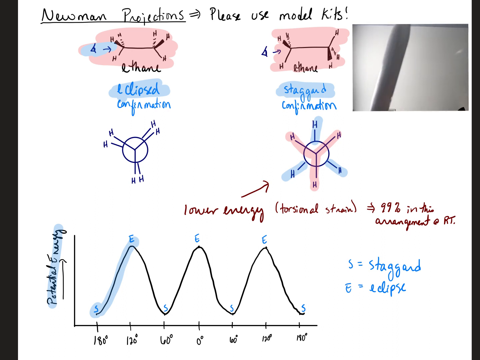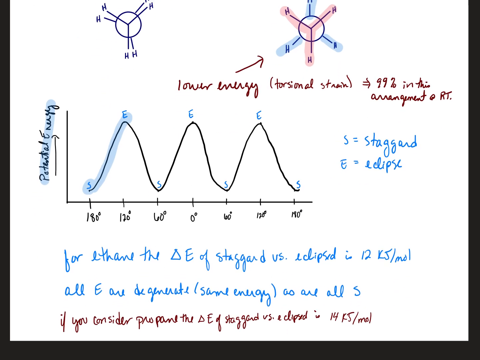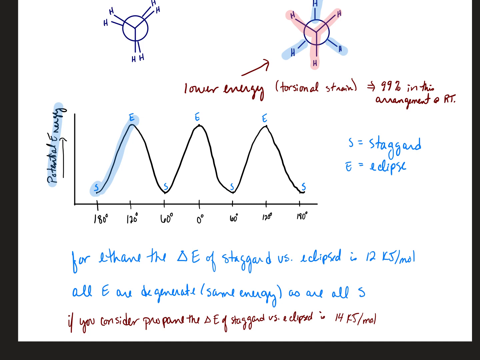And with ethane, we will see that it is 12 kilojoules per mole, okay? So all of the eclipsed are degenerate, or the same energy, as well as all of those that are staggered. They are degenerate, or they have the same energy.